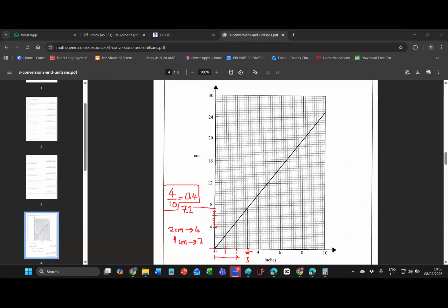I was just adding 0.4 each time until I got to the one that gave me 7.2. So if that's the case, then the value for 3 inches is going to be 7.2 centimeters.